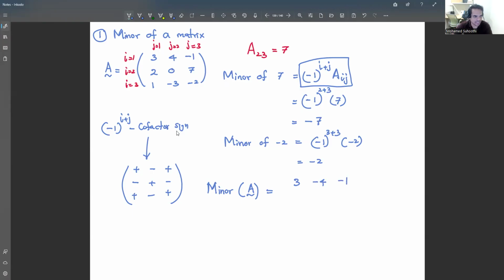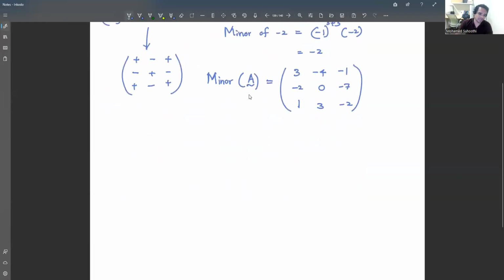The second one is minus, and the third one minus, therefore minus 2, 0, minus 7. Here 1 plus 3, because minus into minus is plus, so minus 2. So this is the minor matrix of the given matrix. This is not a difficult thing. Sometimes you might have forgotten, so I just refreshed the minor of a matrix.